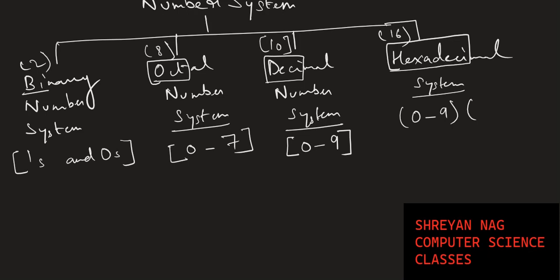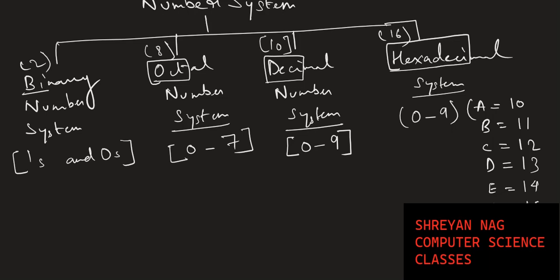It is represented in the form of A, B, C, D, E and F. As we know, 0 to 9 are as usual: 0, 1, 2, 3, 4, 5, 6, 7, 8, 9. Then 10 is represented as A, 11 as B, 12 as C, 13 as D, 14 as E, and 15 as F.